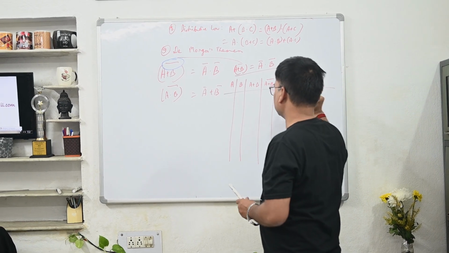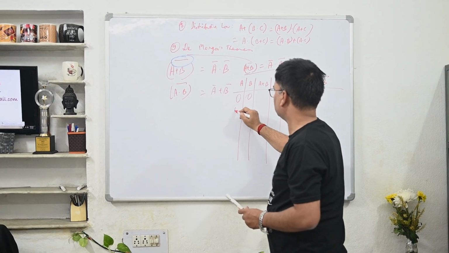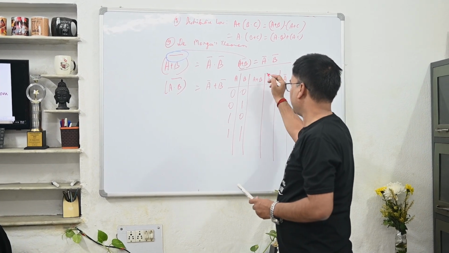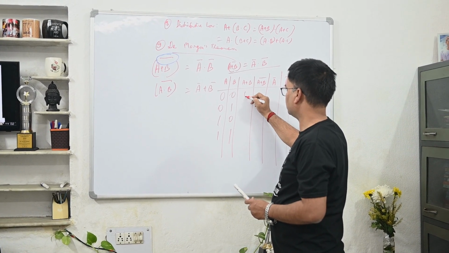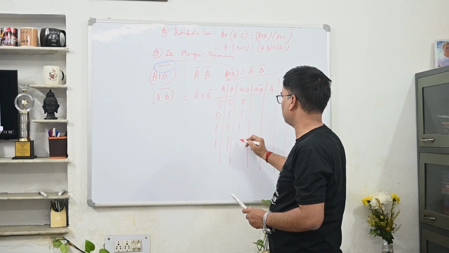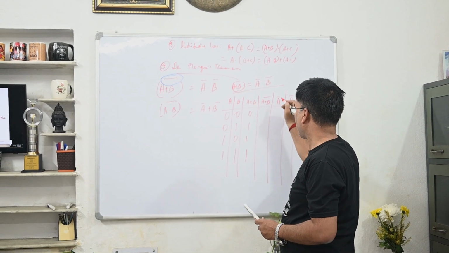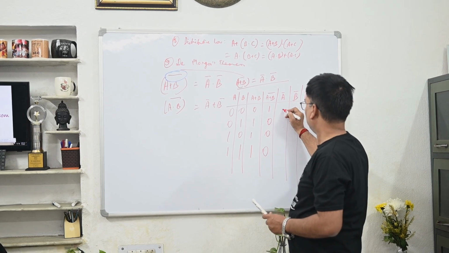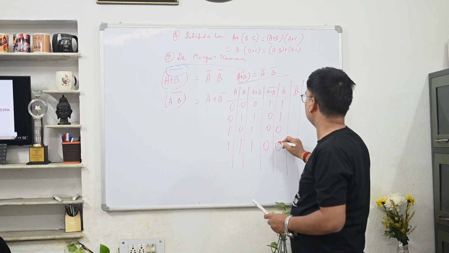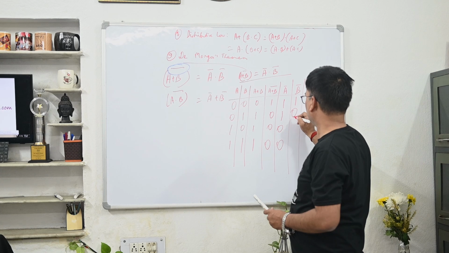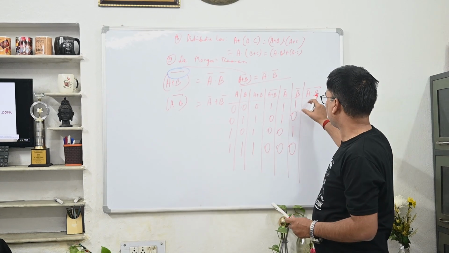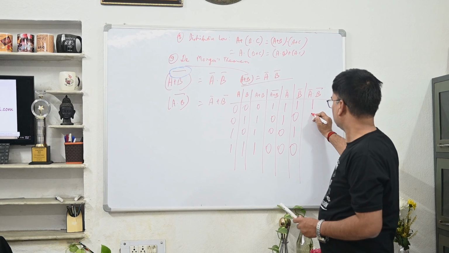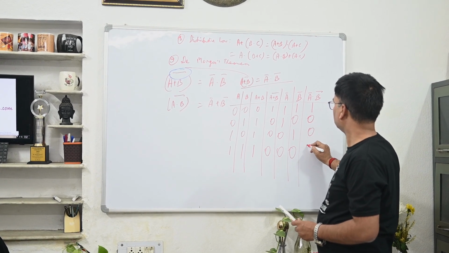Let's solve it, students. A and B take values 0 0, 0 1, 1 0, 1 1. A plus B is 0, 1, 1, 1. A plus B bar becomes 1, 0, 0, 0. A bar is 1, 1, 0, 0. B bar is 1, 0, 1, 0. A bar dot B bar, the AND operation, is 1, 0, 0, 0.